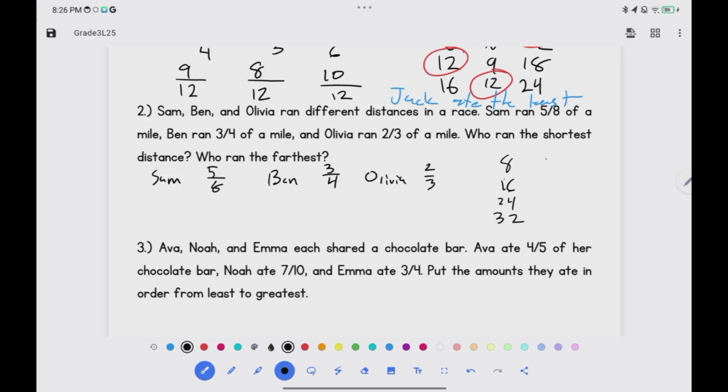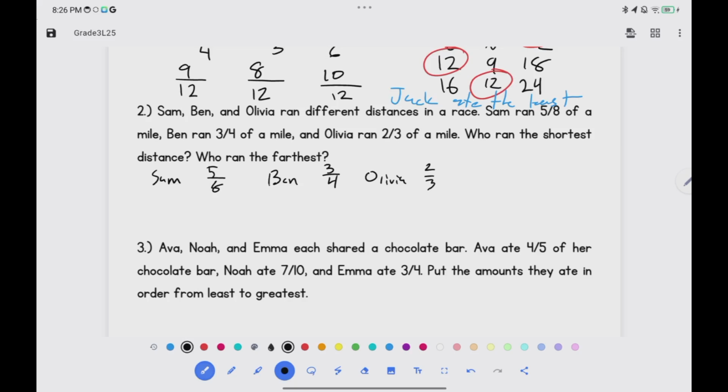That'll be 4, 8, 12, 16. What I'm doing is listing out all the multiples of the denominators as they are right now. What is the common number?